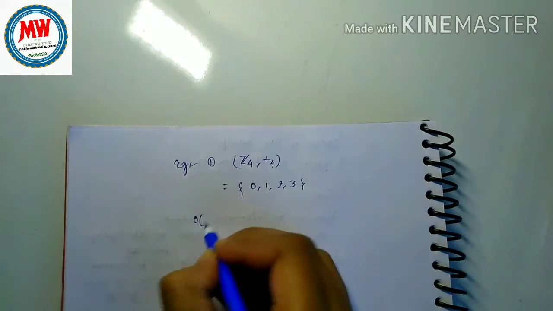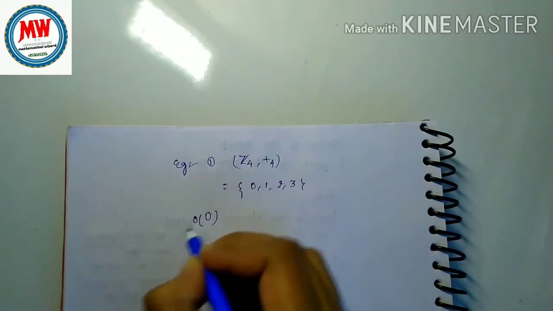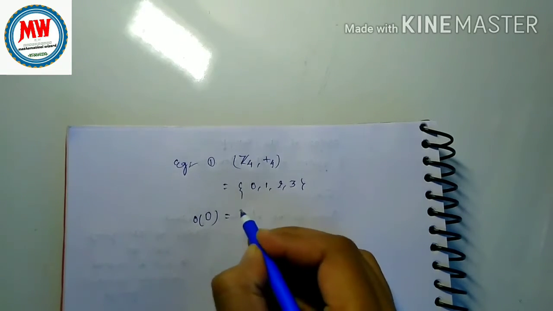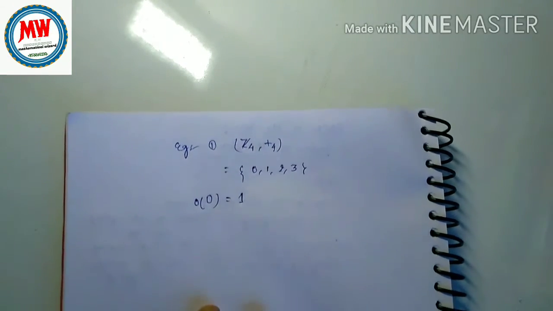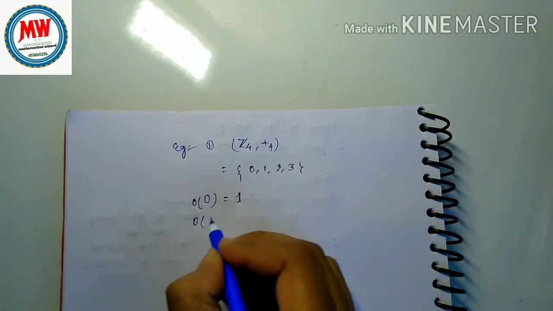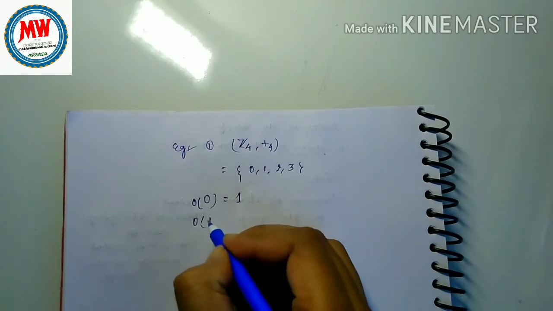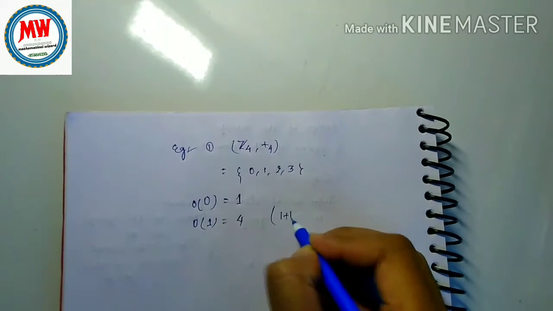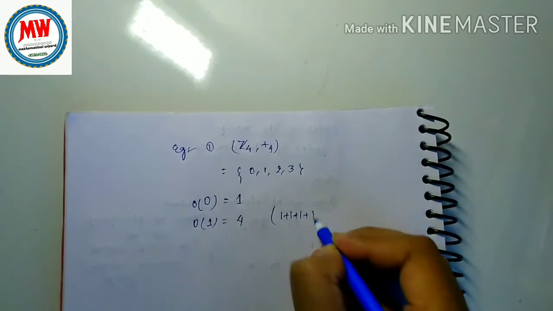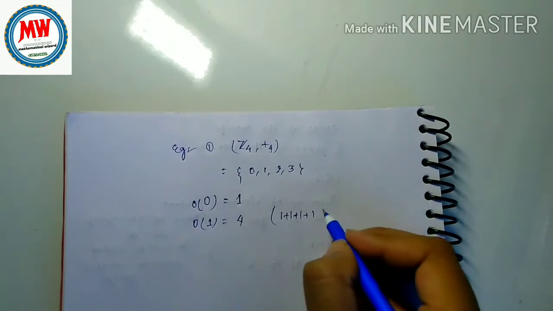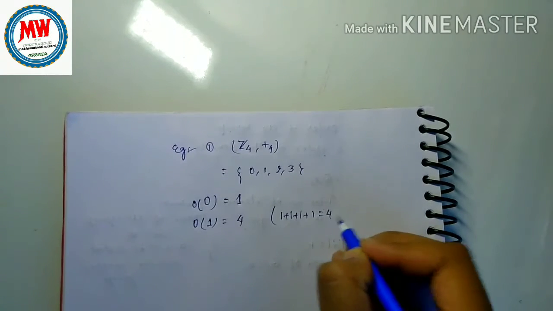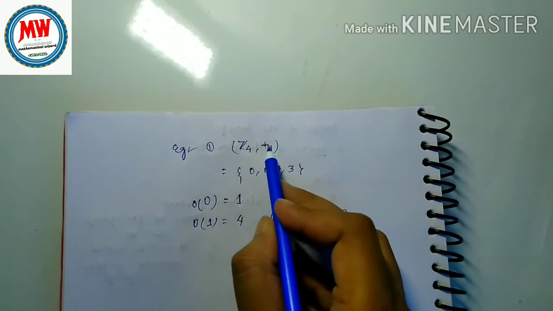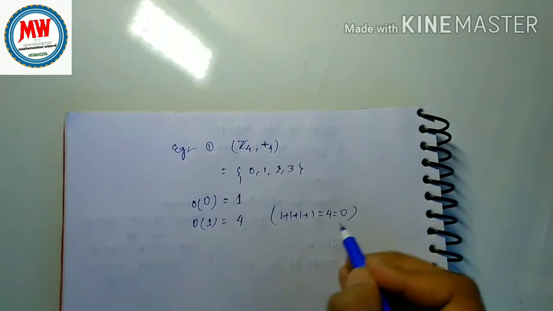Now we know that 0 is the identity element here, so order of 0 will be equal to 1. And if we want to calculate the order of 1, it is 4, because we have to add 1 four times, then it will be equal to 4, and 4 is 0 because the operation is addition modulo 4.